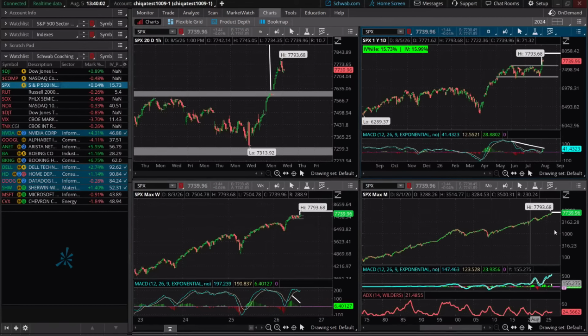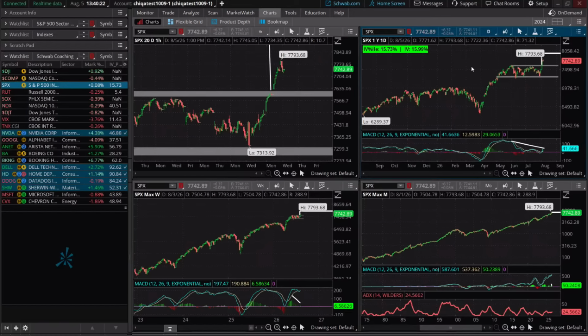So I may want to first look at the max monthly chart to take a look at the primary trend. If we are in a primary uptrend on the max monthly or max weekly, that could give us an idea of the context of that shorter term trend, the more tactical trend that we're going to use for trading opportunities, to see if that confirms with it.